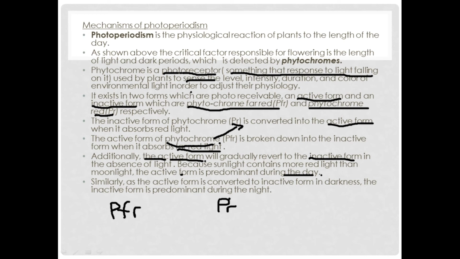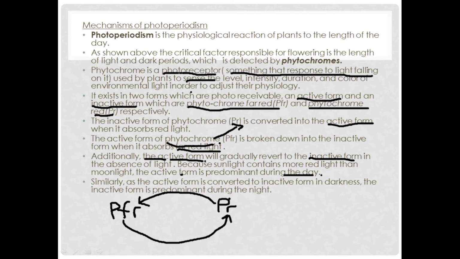And phytochrome red, which is the inactive form, is converted to phytochrome far red when it absorbs red light. So when phytochrome red absorbs red light, it is converted to phytochrome far red. When phytochrome far red absorbs far red light, it is converted to phytochrome red.